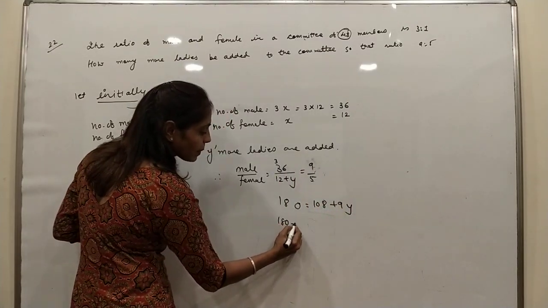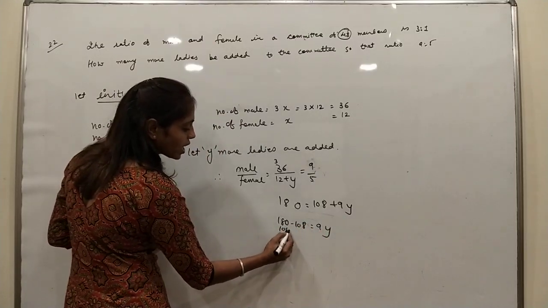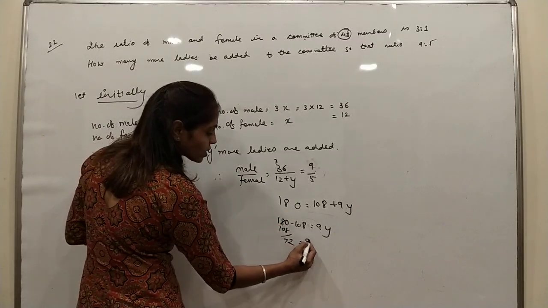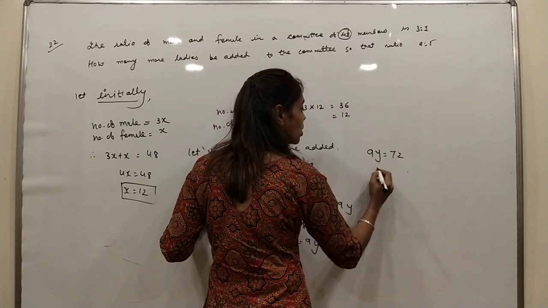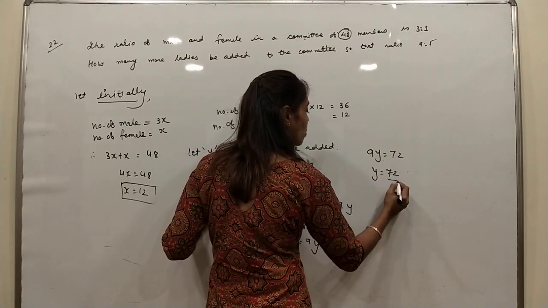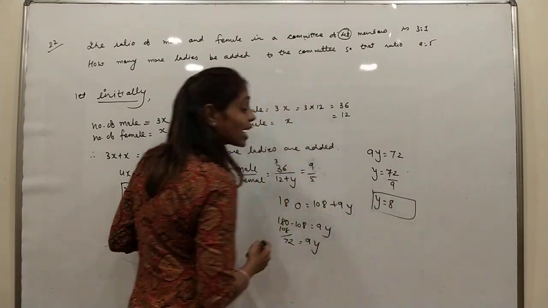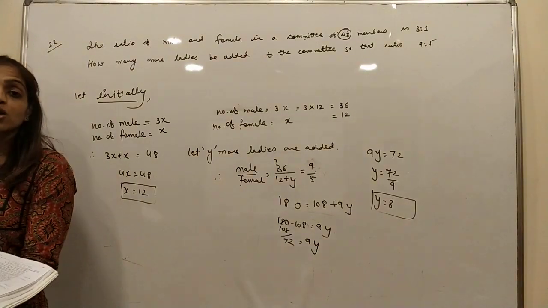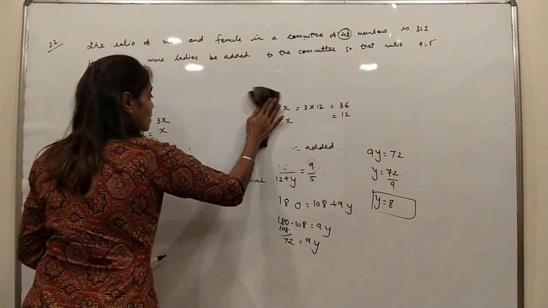So 180 minus 108 is equal to 9y. 72 is equal to 9y. So y is equal to 72 by 9, that is 8. 8 more ladies are added to make the ratio 9:5. Okay.